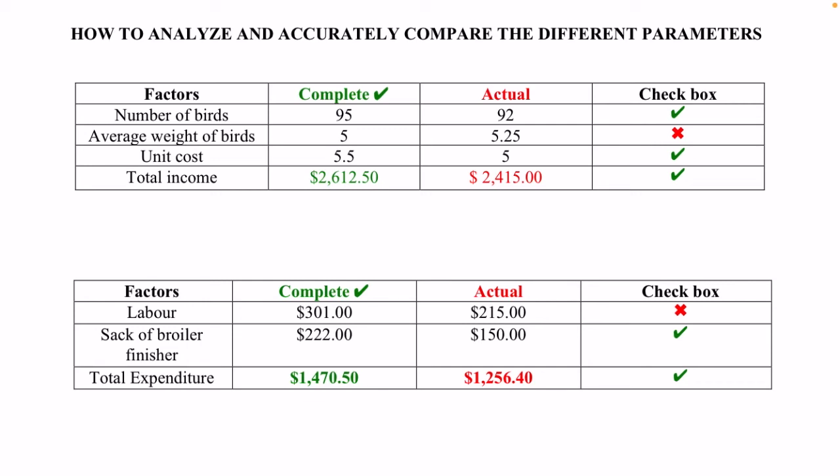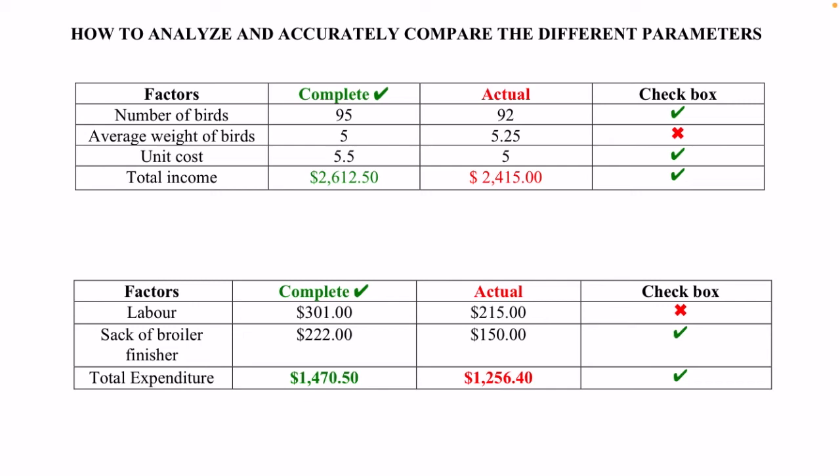Next, let's look at the unit cost. The unit cost here is $5.50 for the complete budget, whereas the actual unit cost per bird is only $5.